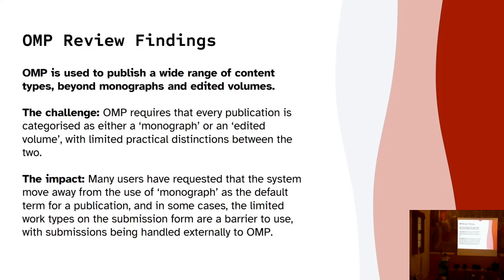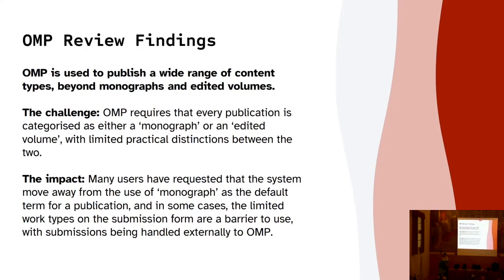In the platform itself, one of the major challenges is that at the point of submission, you have to choose between this binary, these two options, and it doesn't have a huge effect on what comes next. The biggest difference is that in edited volume, it sets you up to have different authors for each chapter within a book, whereas in a monograph, it's the same author or authors for the whole book.